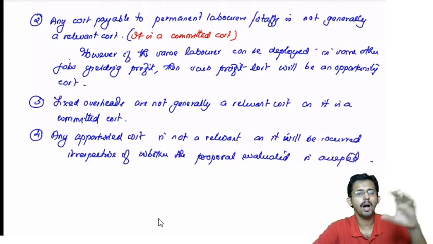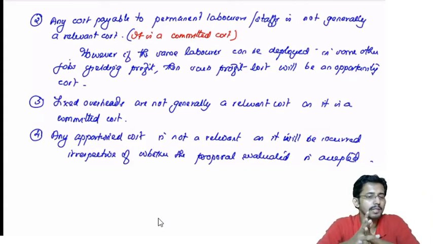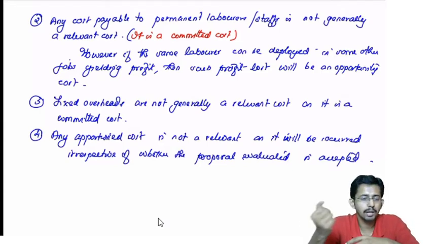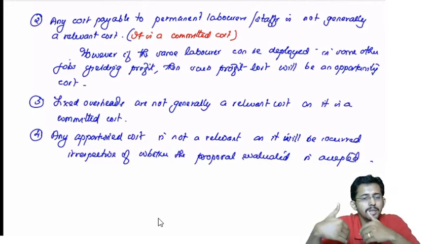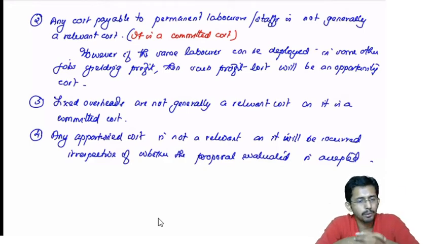Okay, you are a branch. There is another head office. Head office has so many administrative costs. Every year, the head office will find out their total overheads or administrative cost, and it will be apportioned to the branches. So your branch will also get a share of that.